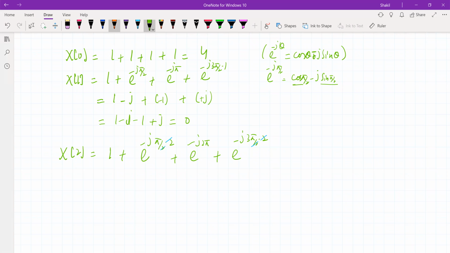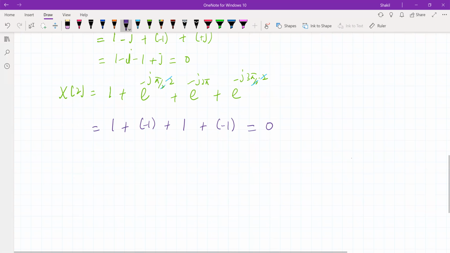We are left with 1 plus e to the power of minus j pi, which is again minus 1. Please check the values. This will be e to the power of minus j 2 pi, which is 1, e to the power of minus j 3 pi is minus 1. So again 1 minus 1, 1 minus 1 is 0. So this is again 0.